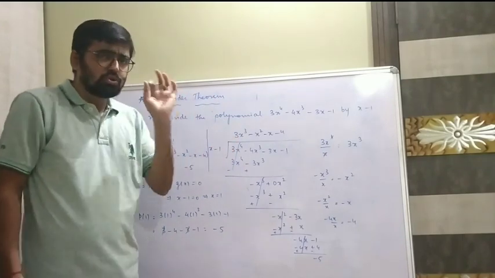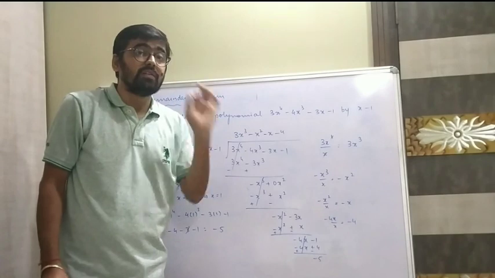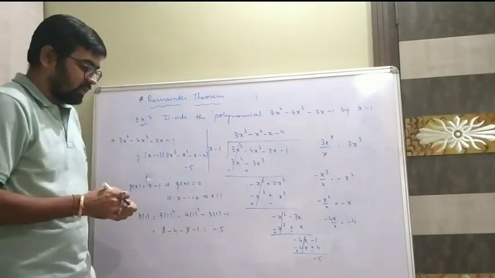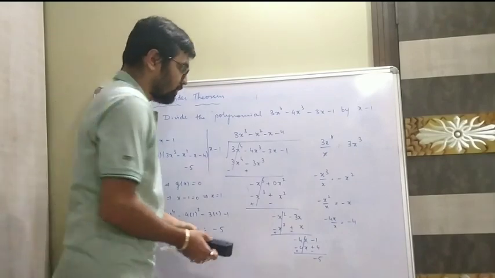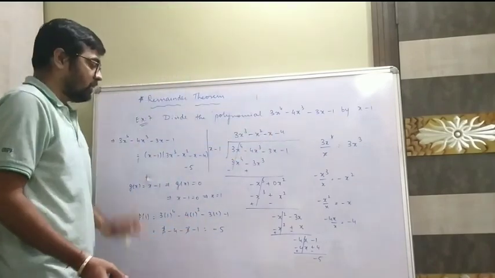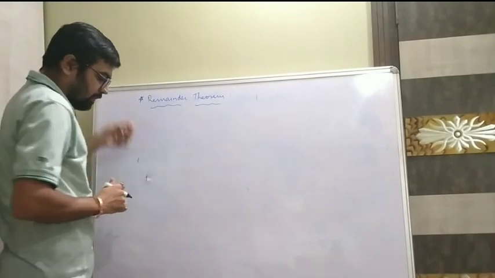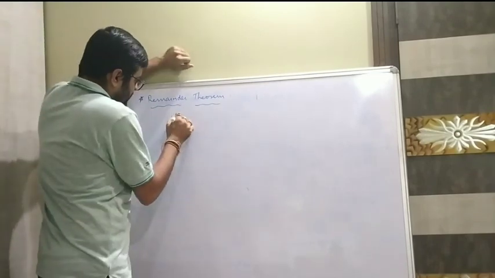Now based on these two problems, let's try to define it. We'll write the definition of the remainder theorem, and that's where we stop. Correct? Pause the video and note it down. Okay, so let's define it in a proper way. How can we say?